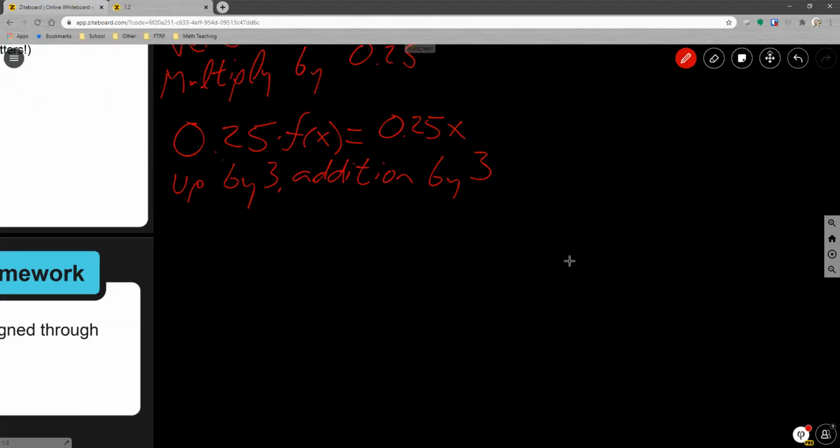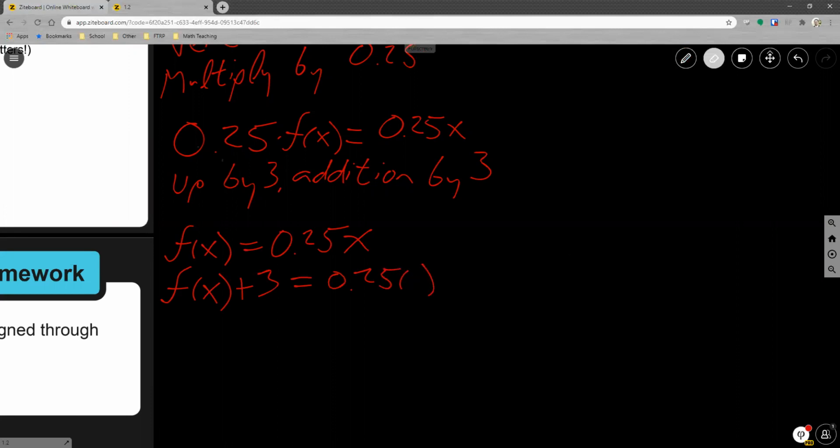Up by 3 is an addition of 3. So right now my function is equal to 0.25x. So if I want to modify it again, it's going to be plus 3 to both sides of the equation.